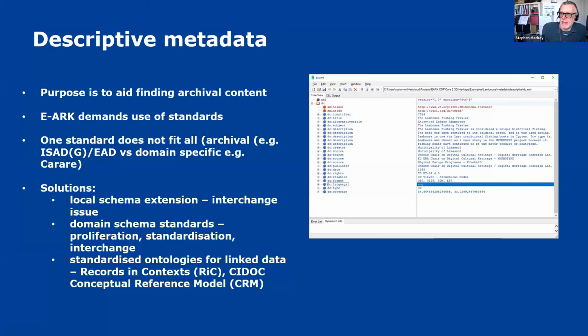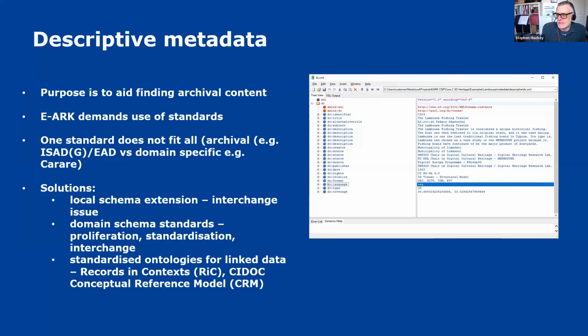And as I described, first of all, E-ARK demands the use of standards. One standard doesn't fit all for this domain, as it doesn't for many of the specialized content domains. And in order to meet the requirement, quite often schemas may need to be extended. You could actually work out local schemas, but that's not encouraged, as standardized schemas are encouraged.